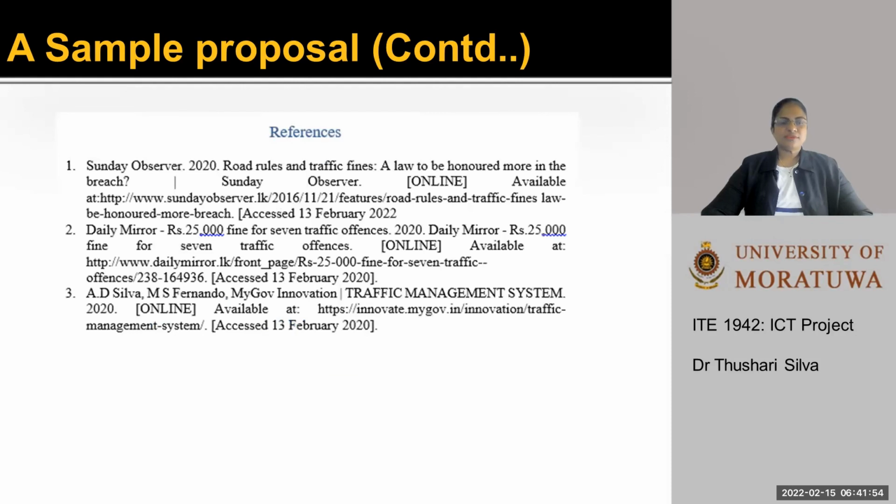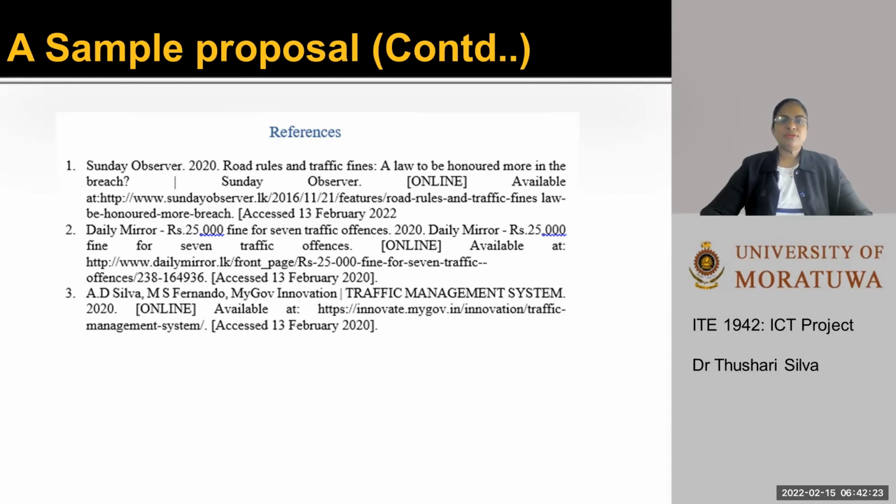The references are the last component to be added to your proposal. The components should be included, like the references and the dates, and who the author is. Maybe authors are not available. So we may write the Sunday Observer, the paper, the year it was published and the title, and that it is available on this day, and you accessed it on 13 February 2022.